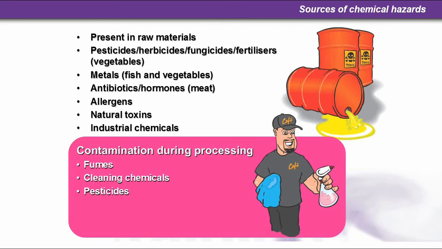Cleaning chemicals, pesticides, allergens, again, excess additives, a migration from packaging, for example, with cling film. The jury is still out on whether or not cling film does cause a problem with packing foods and then cooking the foods in situ, and they say that it's possible that the chemicals from the sticky bit, the clingy bit if you like, actually get into the food itself.